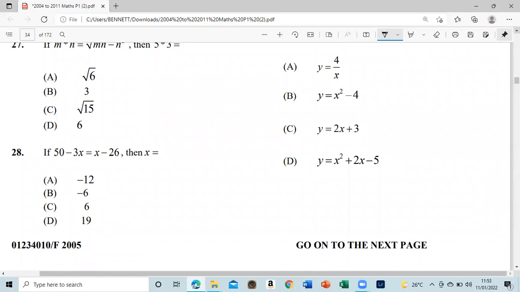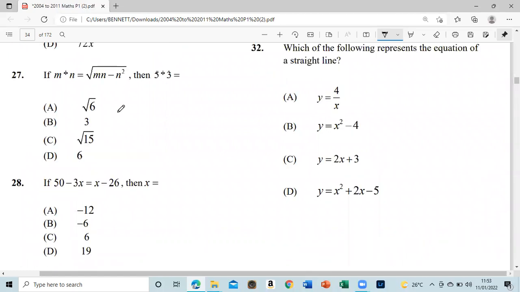So number 27, we're going on fine. We're almost halfway there. If m asterisk n is equal to mn minus n squared, and 5 asterisk 3, all we have to do, guys, is just do what the rules say. The rules say we're supposed to make m equal to 5 because it's the first one, and n equal 3. So that means multiply 5 times 3.